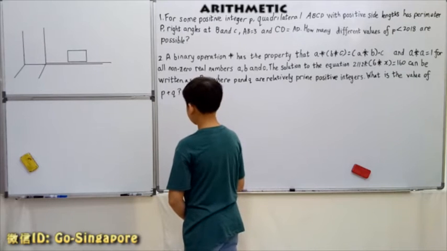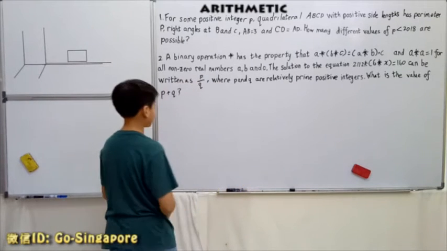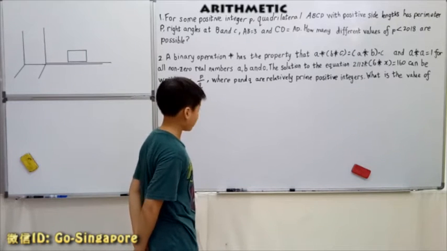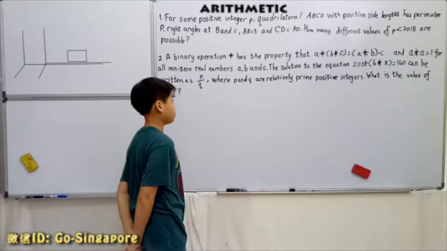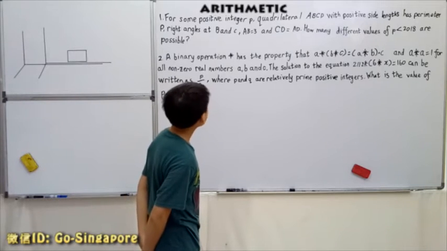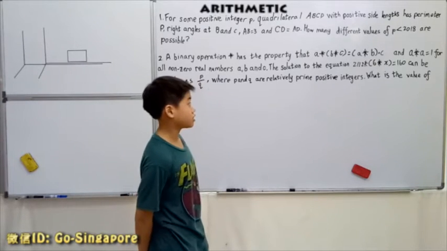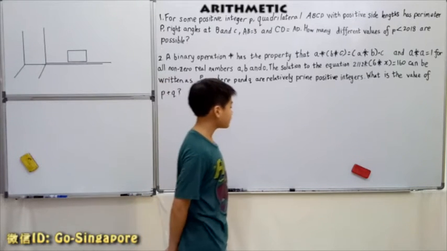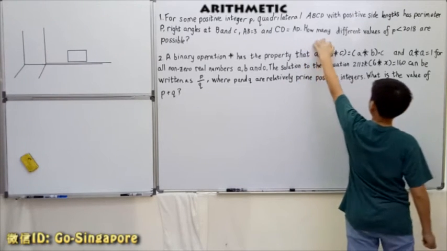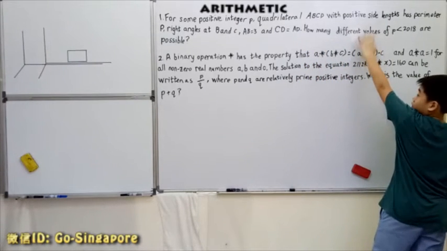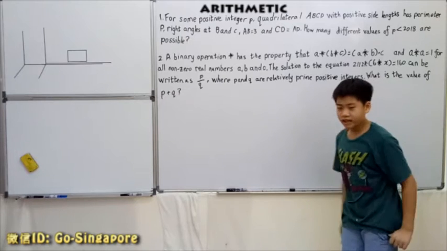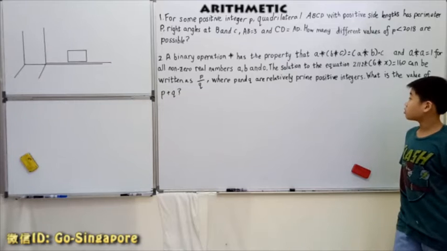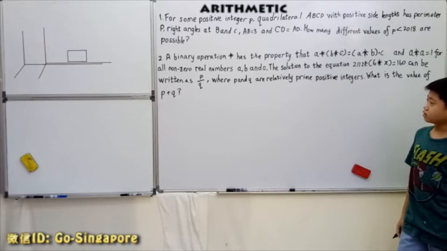Okay, so in this lesson, let's look at the questions that we have. What type of questions are these? The first question is about a quadrilateral and its perimeter. You might think, isn't that about geometry? But it asks how many different values are possible, so that tells us this is about arithmetic and geometry.